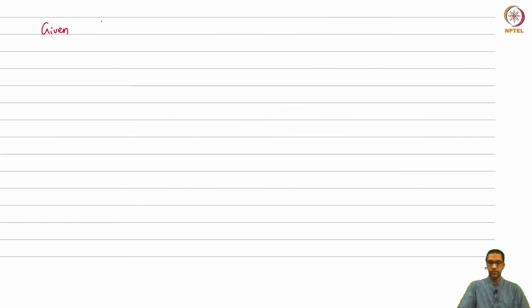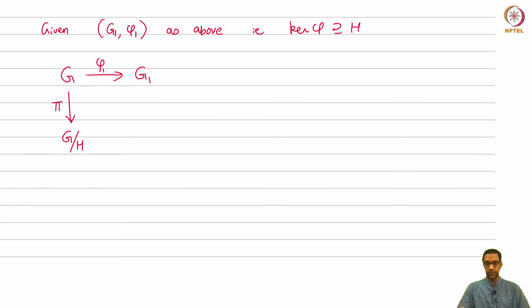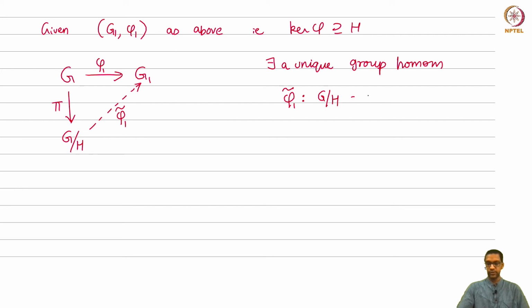Given (G1, phi 1) as above, meaning phi 1 is a map from G to G1 whose kernel contains H, then there exists a unique group homomorphism phi 1 tilde from G mod H to G1 such that the diagram commutes, that is, phi 1 tilde composed with pi is phi 1.